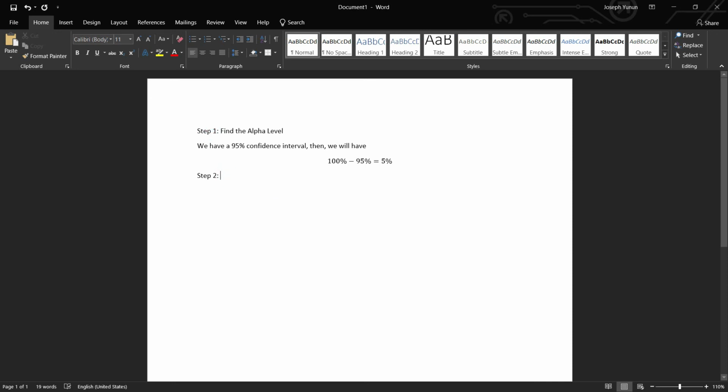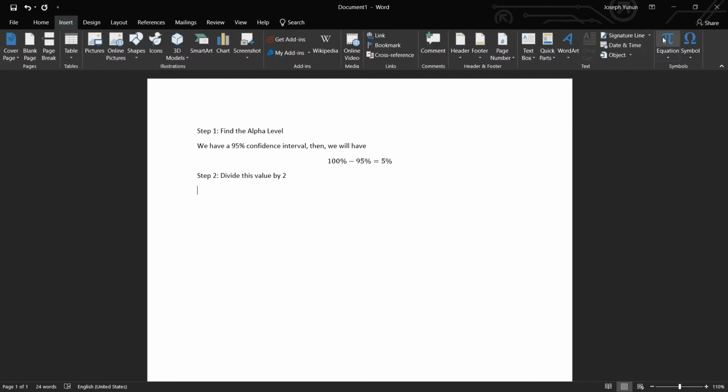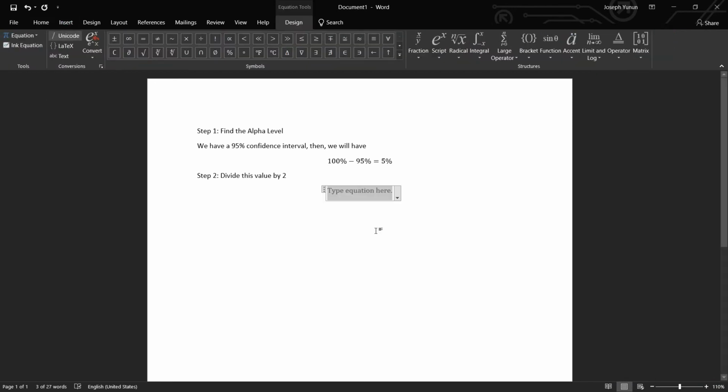Step 2 is to divide this value by 2. So 5% divided by 2 gives us 2.5%.